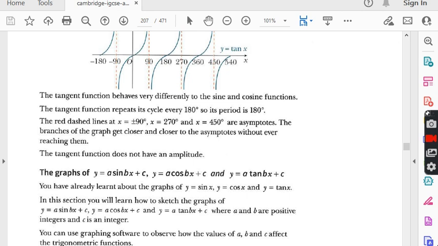The branches of the graph get closer and closer to the asymptote without ever reaching them. The tangent function does not have any amplitude. So I hope you completely understand the basics of the tangent function. Okay, now let's start question number 6.